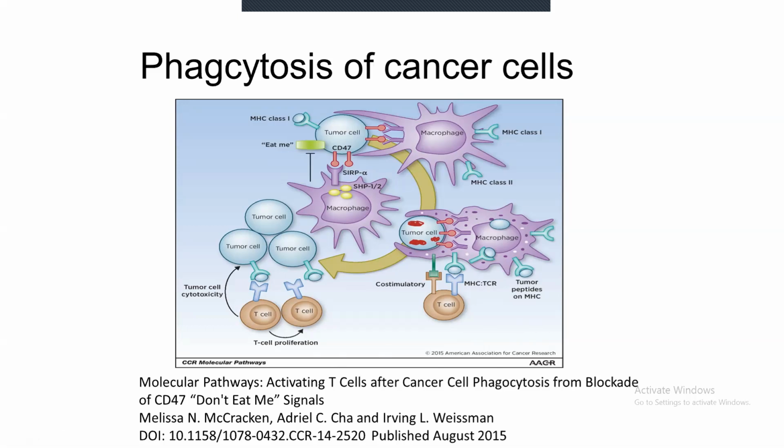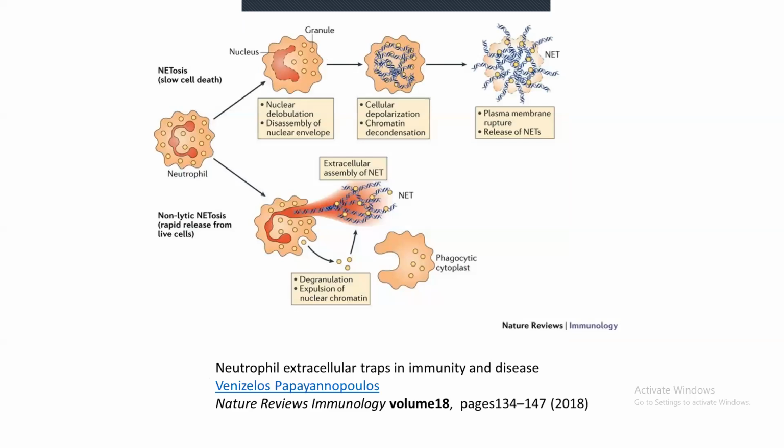Phagocytosis is a process of destroying the tumor cell with many processes. We have tumor cell cytotoxicity. We have the phagocytosis process itself, but it's facilitated by some other cells, like T cells or neutrophils. Here are neutrophils.